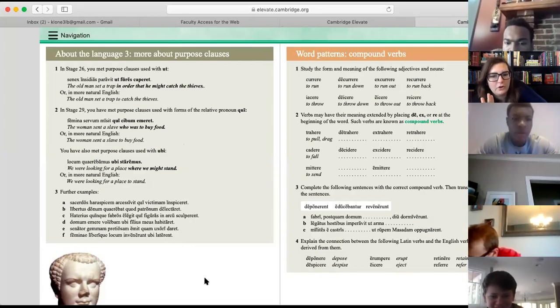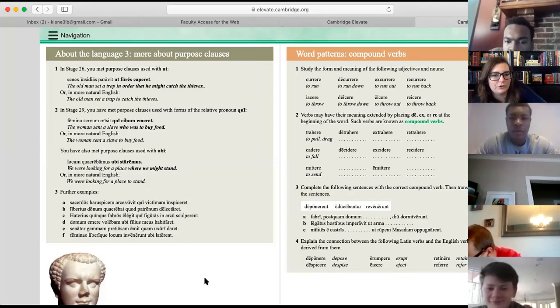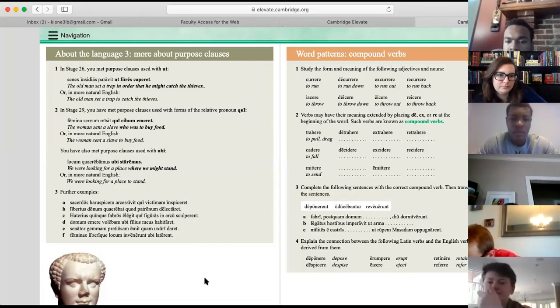Deponere to depose. What is the connection? How does depose come from deponere? The root, like the depot. What does depose mean? To let go. Use it in a sentence.